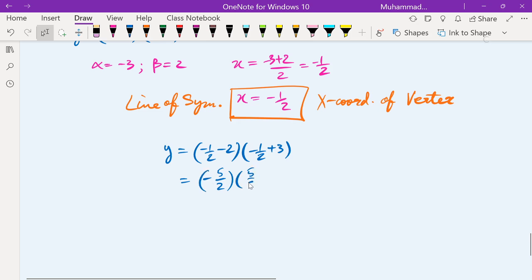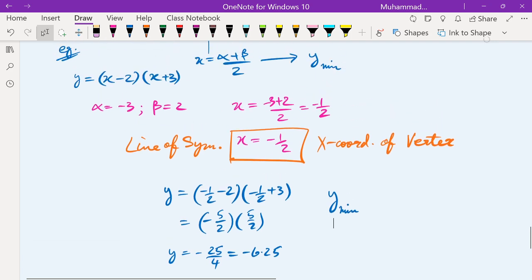So you're going to have a y which is negative 25 by 4, which comes out to be, 6 fours are 24, so 6.25, yes, negative 6.25. So there you go. The y minimum, because it's a cup up curve, is minus 6.25.